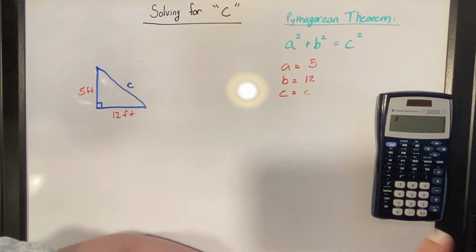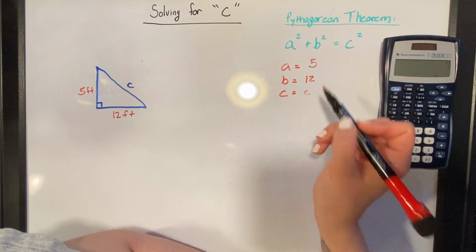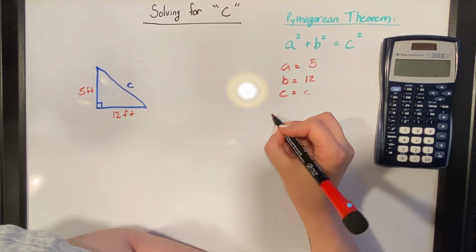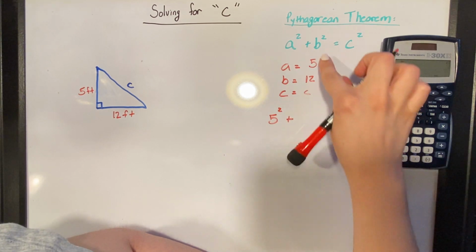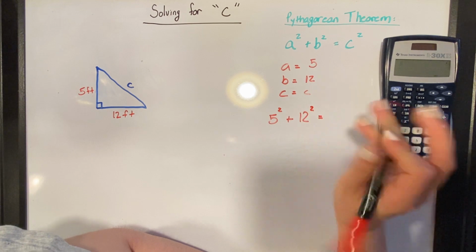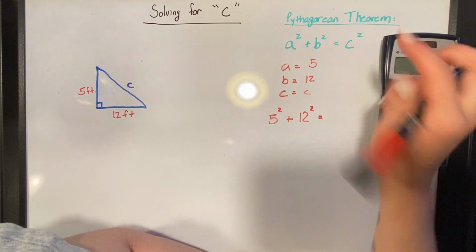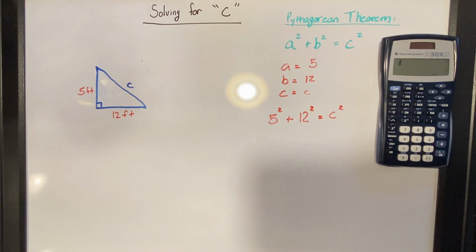Okay? Now we need to plug this into our formula. So remember, it's going to be 5 squared, because A is 5. 5 squared plus, now B is 12, 12 squared equals, and then C is just C. That'll be C squared. Alrighty.